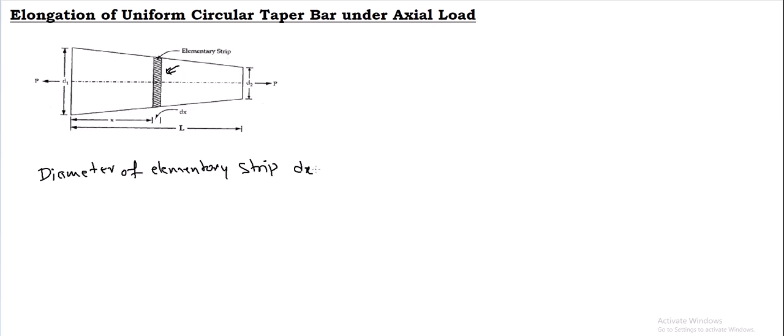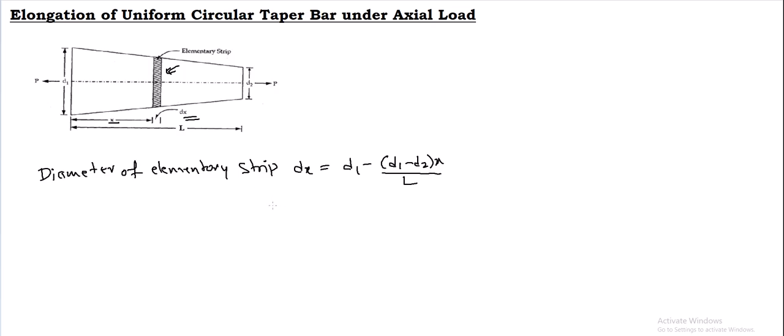In total, D1 is the higher diameter, the higher end of the bar, and I will take D1 minus D2 times x divided by L. The diameter of the elementary strip is the maximum diameter deducted by D1 minus D2 times x, where x is the distance from the bigger end to the elementary strip. So D1 minus D2 times x by total L.